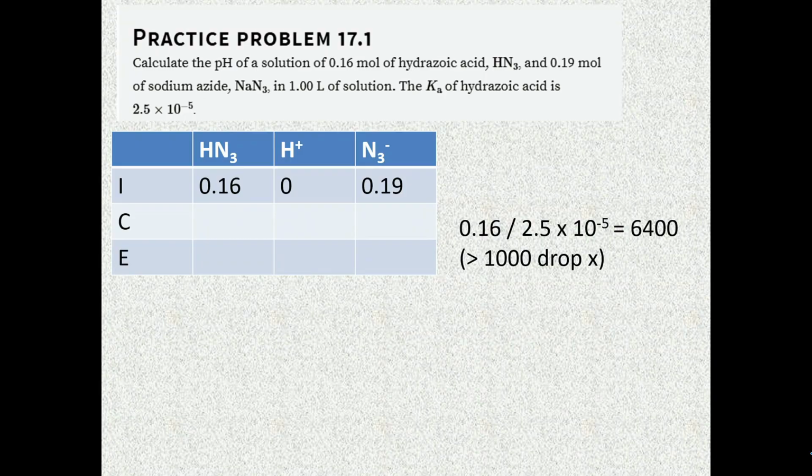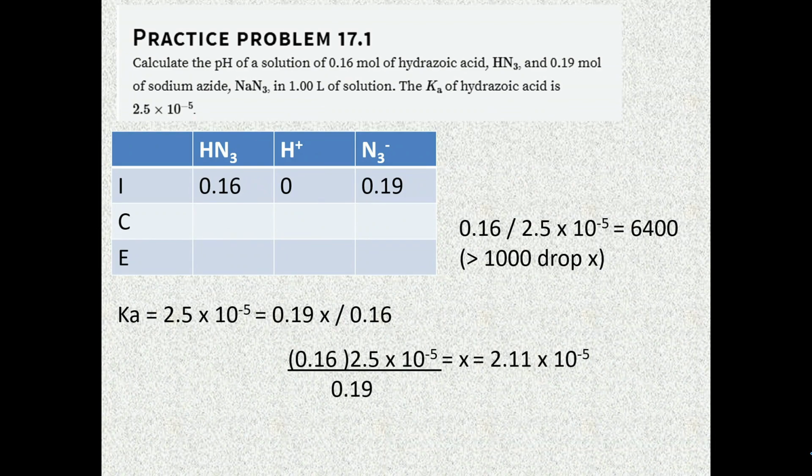So again, K is just equal to x squared over my initial concentration, or 0.19x over my initial concentration. So 2.5 times 10 to the minus 5 becomes 0.19x divided by 0.16. And x becomes 2.11 times 10 to the minus 5.